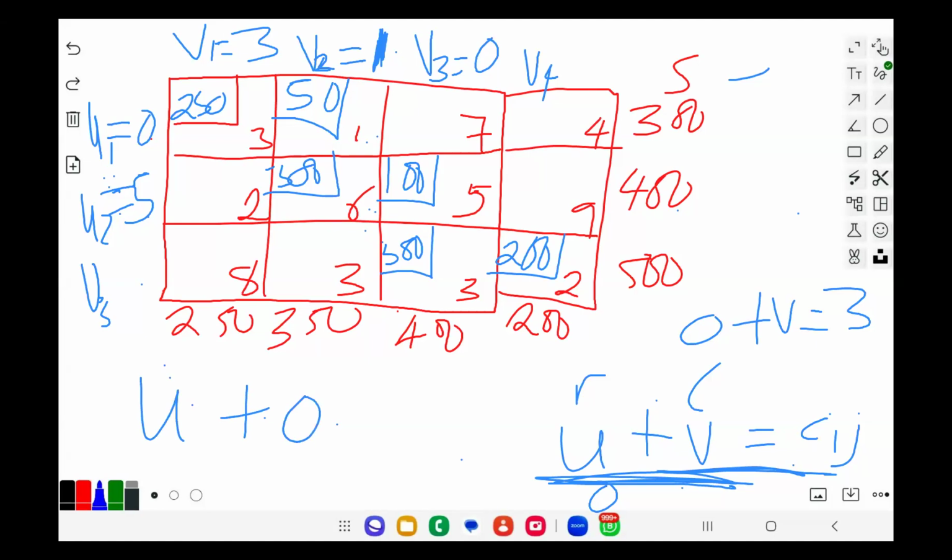The V on top. So we are getting the V3. Then plus the Cij is equal to 3. So what should be the value of U? 3. Yes, so U should be equal to 3, so that when you say 3 plus 0, you get 3.